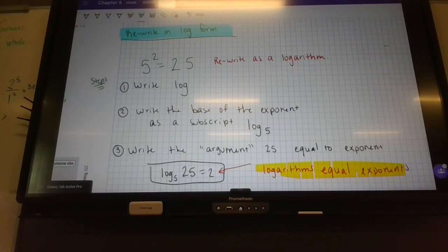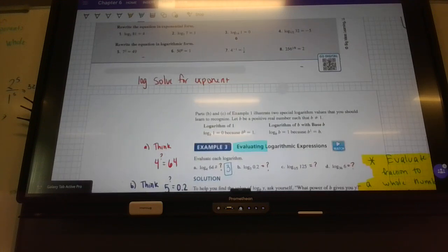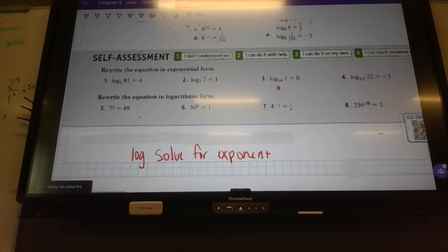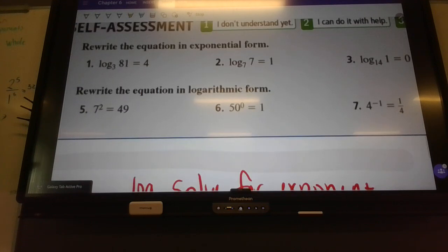Ready to try the gray box questions? Okay, so just get into a new little habit of rewriting. So the 3 will be the base. So the little guy here becomes a big 3.